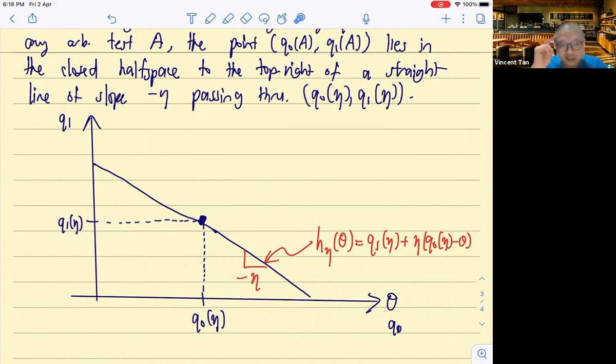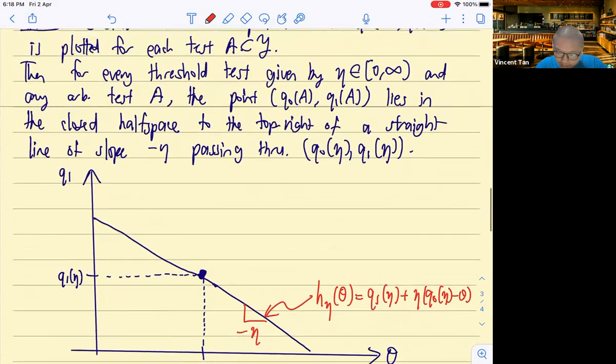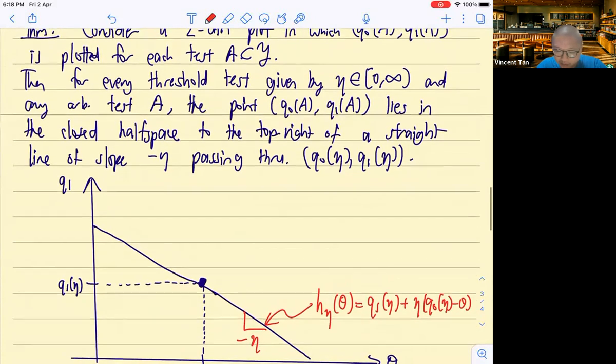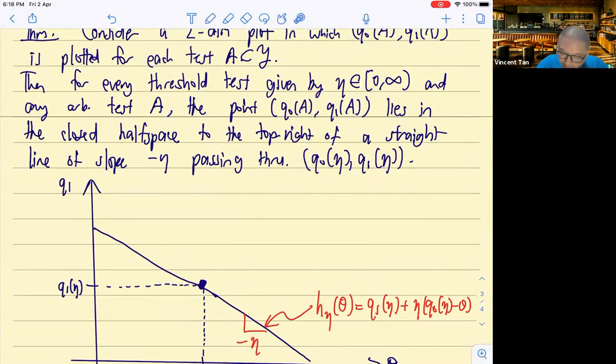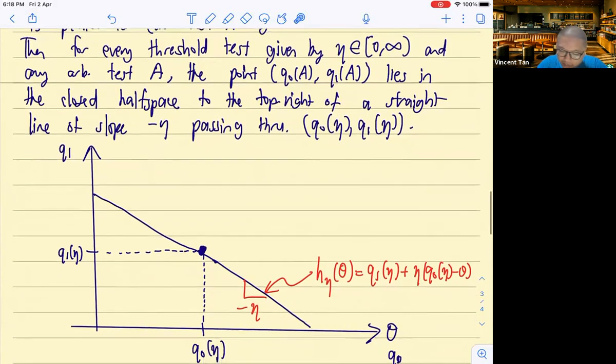Okay, what does the theorem say, now that I've set everything up? This is a particular threshold test. This is a particular performance of a threshold test. For every threshold test given by eta and any arbitrary test, the point must lie in the closed half space to the right of a straight line of slope minus eta passing through this. So now I have another test.